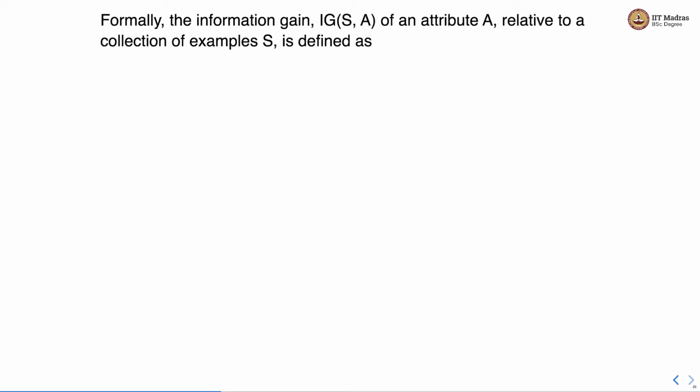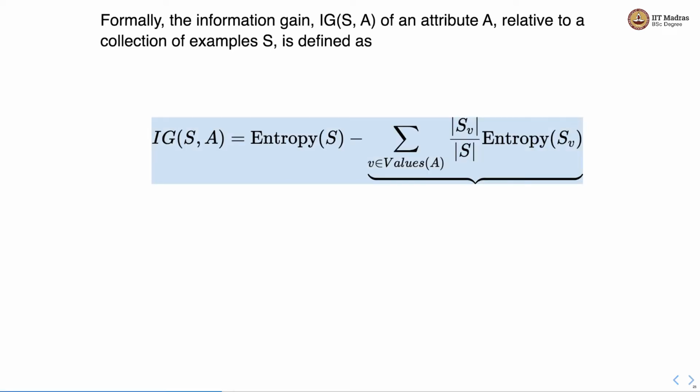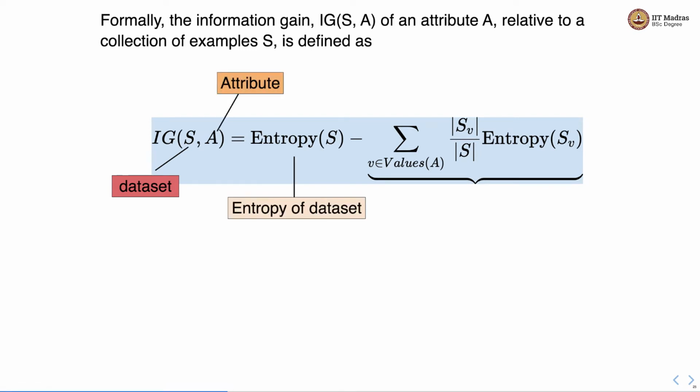Formally, the information gain, which is IG(S, A) for an attribute or feature A relative to the collection of samples S, is defined as entropy of S, which is entropy of the whole dataset, minus entropy of the attribute. So S is the dataset, A is the attribute or feature, entropy of S is the entropy of the dataset, and this is entropy of attribute.